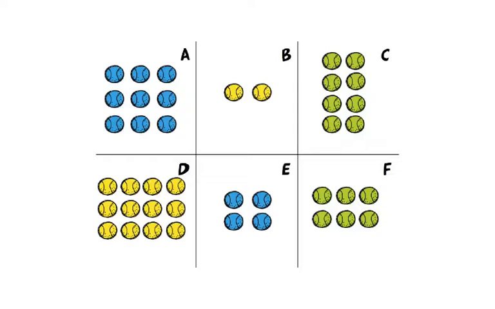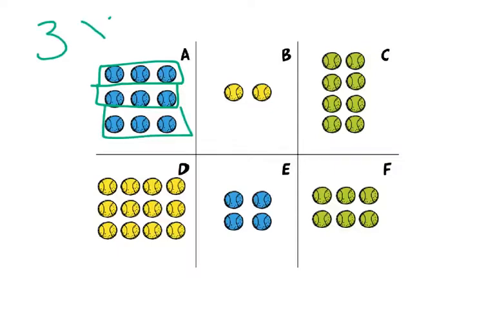So now let's take a look, and we've got 6 different arrays in front of us. We're going to start with A, and we're going to look at how many rows there are. 1, 2, 3, so right here, 3 times how many columns are there? 1, columns are from top to bottom. 2, 3. Oh, we talked about that in school.